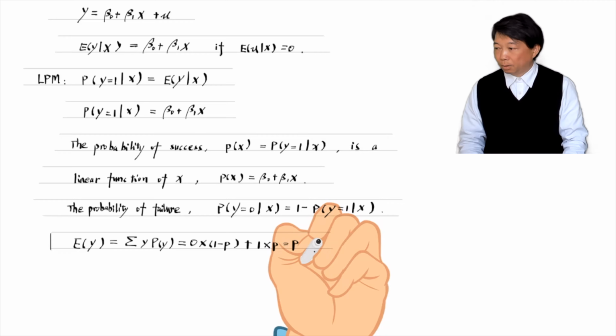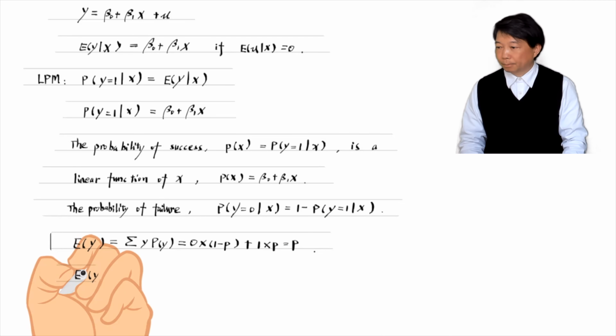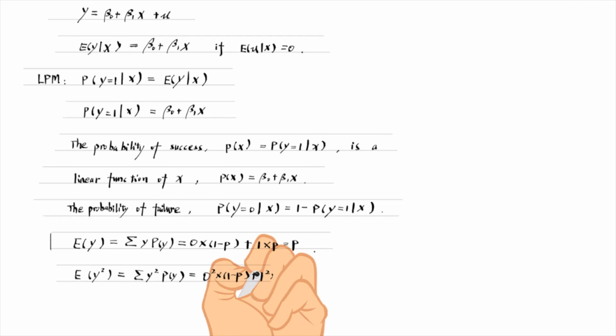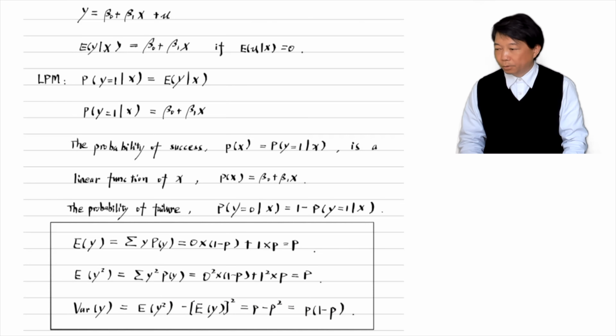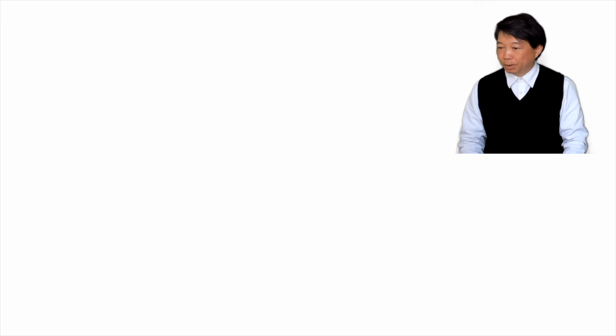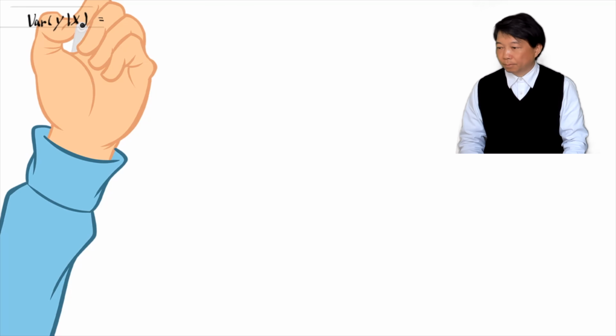The expected value of y equals the outcome times the probability of that outcome. Then we use the formula for variance. The linear probability model exhibits heteroskedasticity.